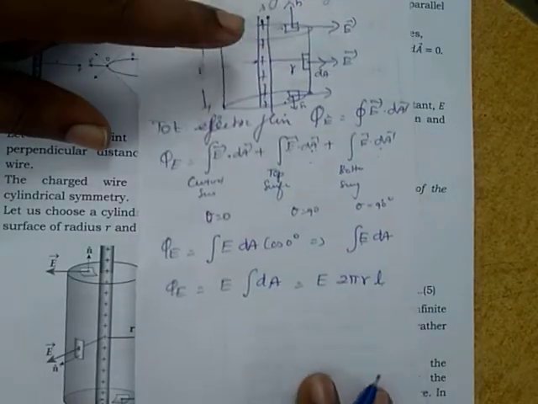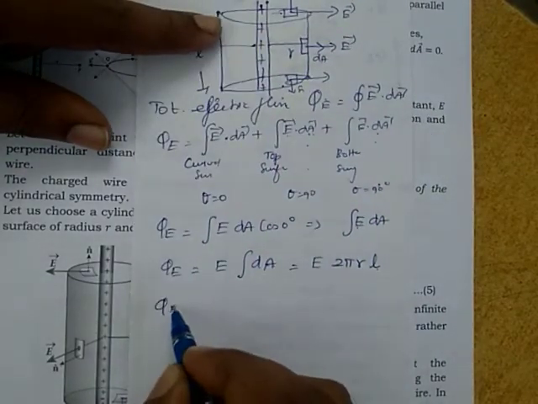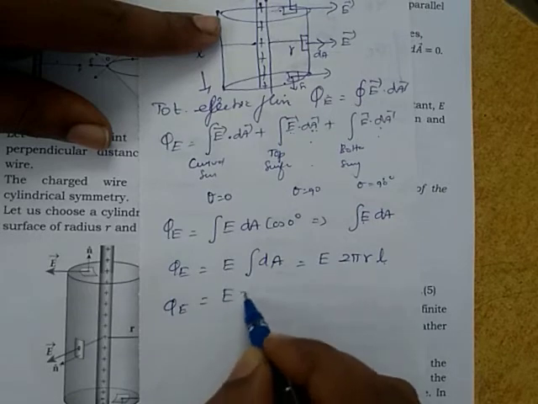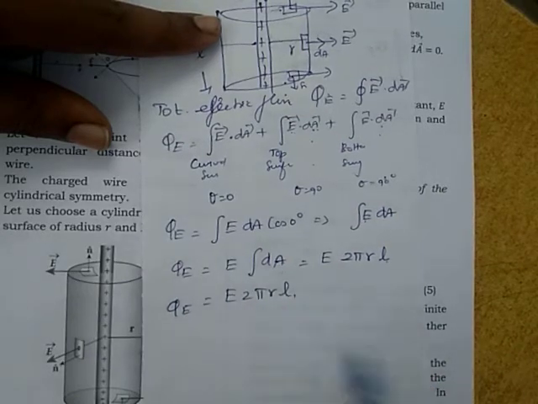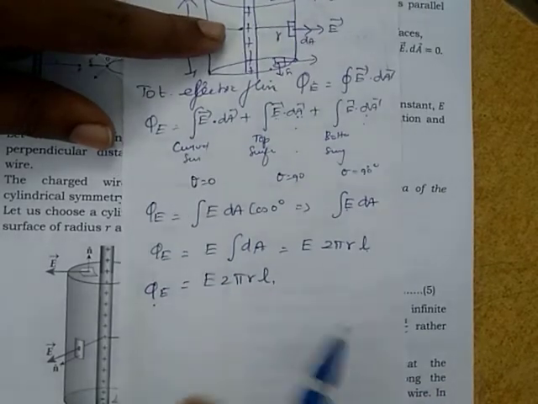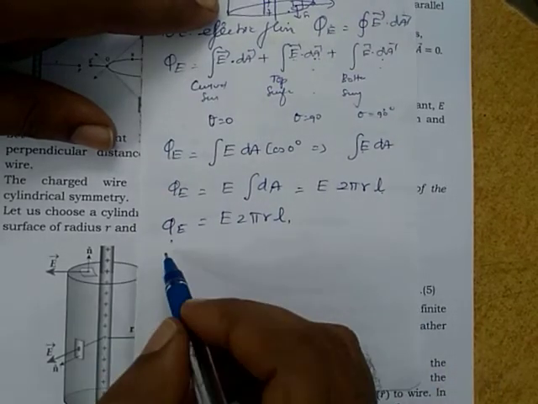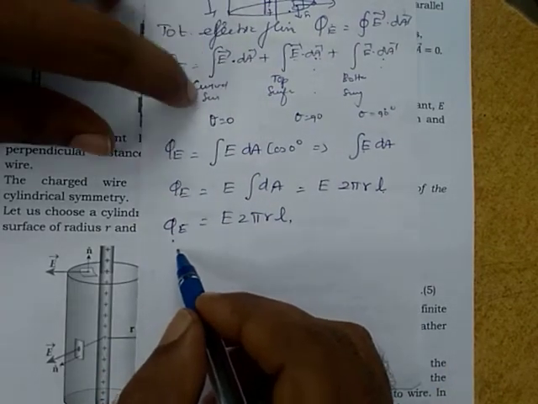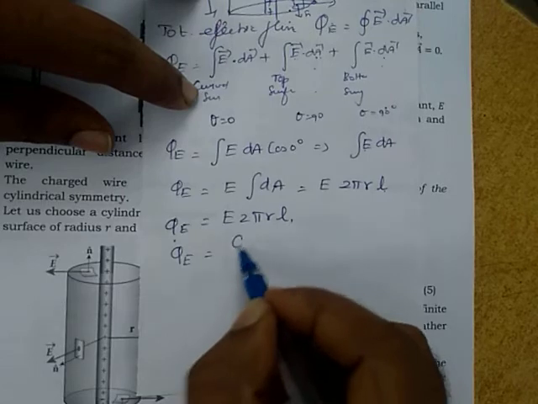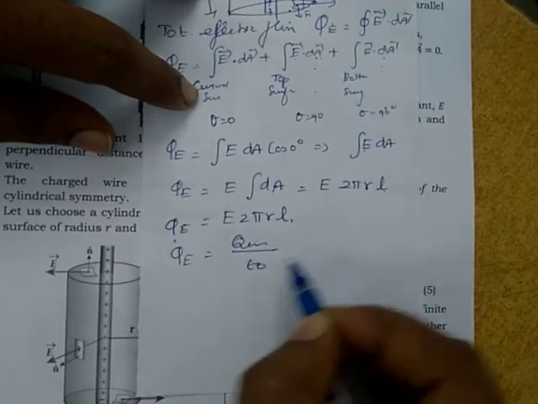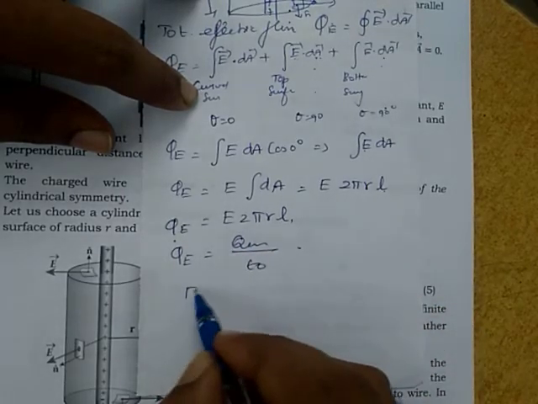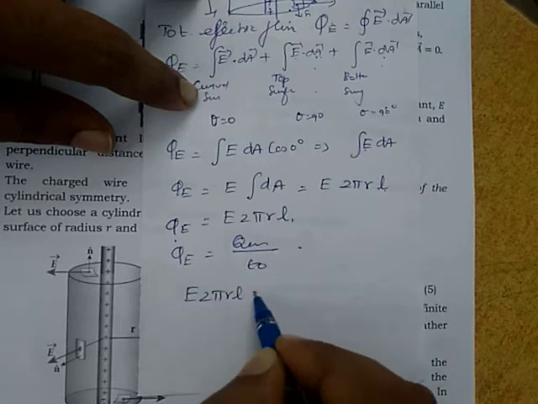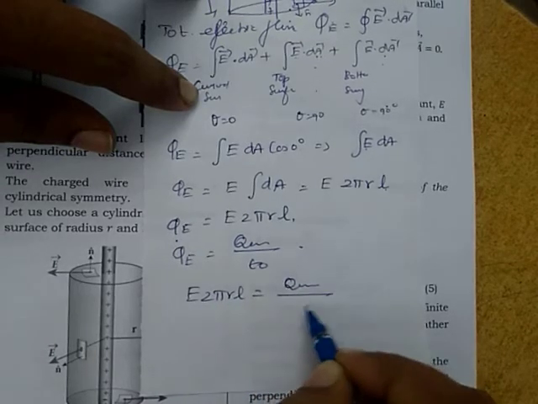Then phi E is equal to E 2 pi RL. We know phi E is the flux. Here we are applying Gauss law. We know phi E is equal to Q enclosed by epsilon naught. Then E 2 pi RL is equal to Q enclosed by epsilon naught.